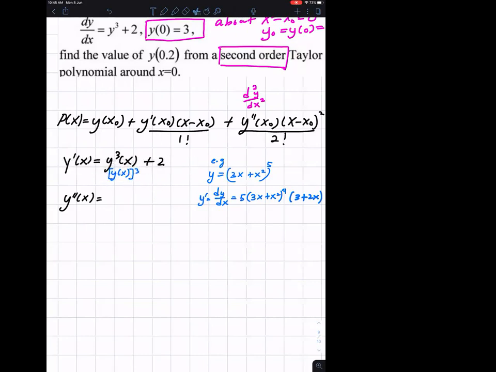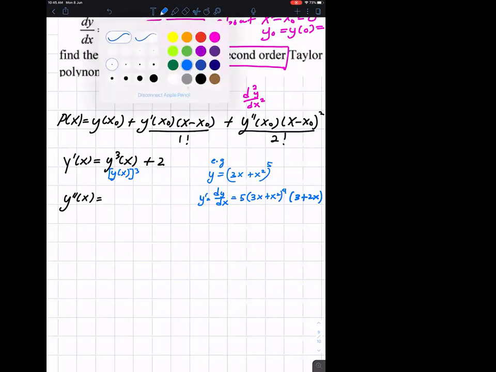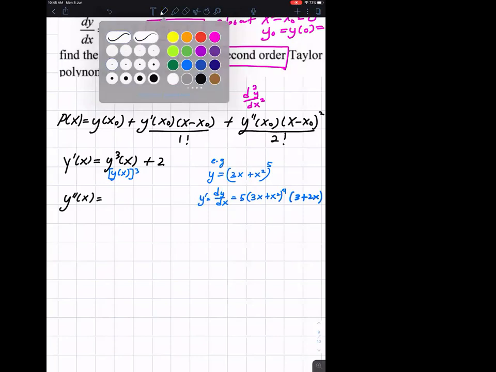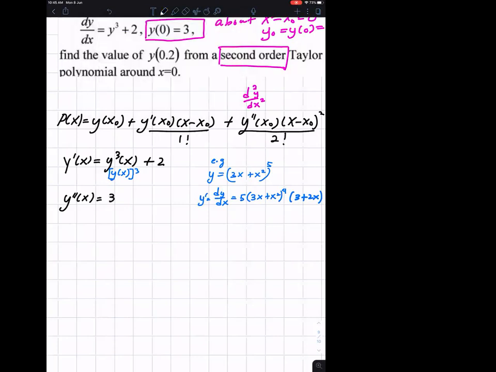So when you take the derivative, you apply the same principle that we just illustrated. You bring the 3 down, and then y(x) squared.